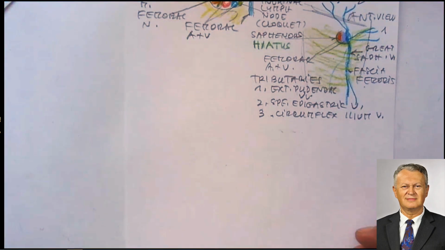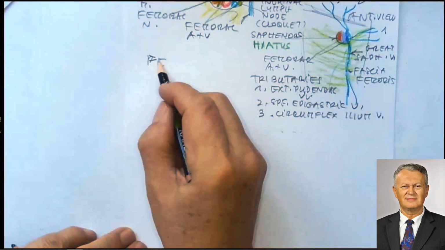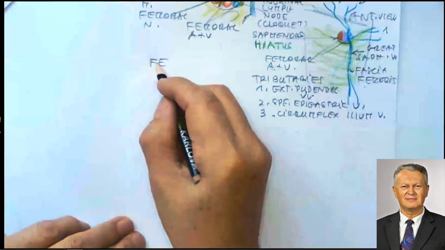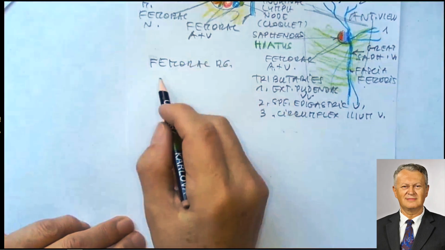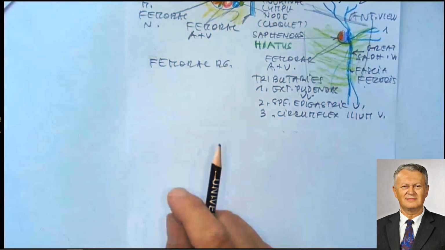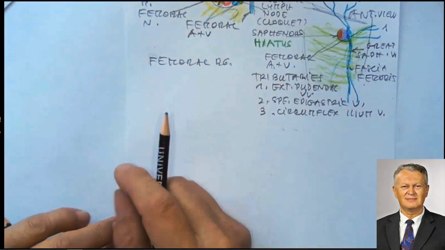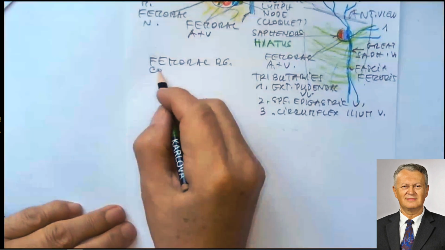Concerning the femoral region, the femoral region contains in its most proximal part a small depression. We call it the iliopectineal fossa.